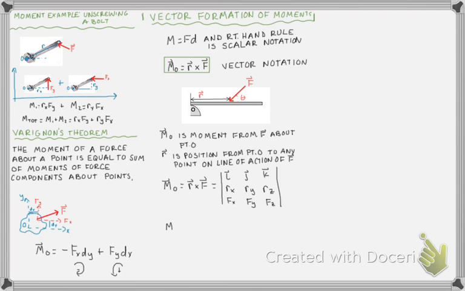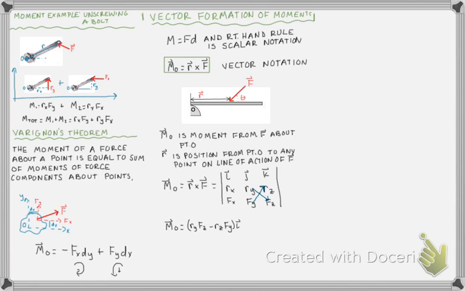So following how to solve this kind of vector matrix formation, you'll get M_O is equal to (Ry Fz minus Rz Fy). And so you'll see if you look back up at the matrix here that this is Ry times Fz and then minus Rz times Fy, and that's multiplied by i.